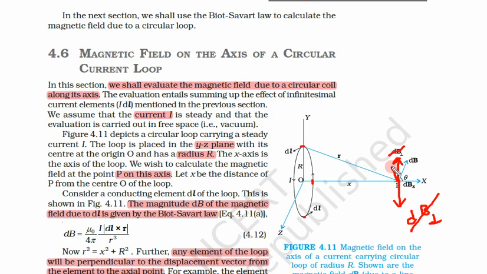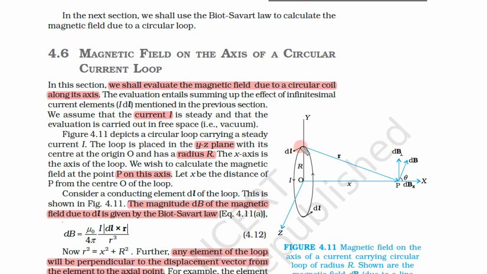This dB perpendicular would be in this direction, inside. If one exists here, one must exist here as well, so this will come out. So this dB perpendicular and dB perpendicular will again cancel out. So in all conditions, this dB perpendicular will cancel out.